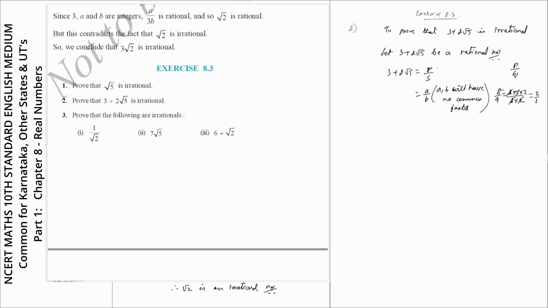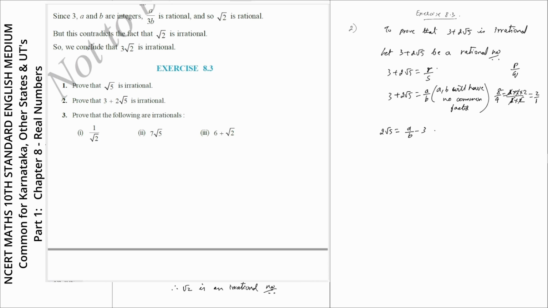Now this is 3 plus 2 root 5. Now I will rearrange this. I will take 3 to the right hand side. So 2 into root 5 is equal to a by b minus 3, I'll get.